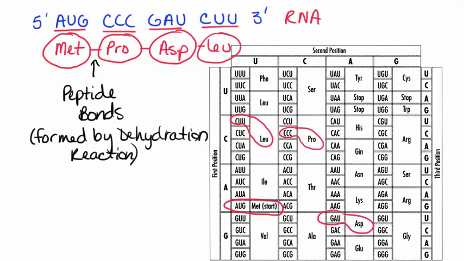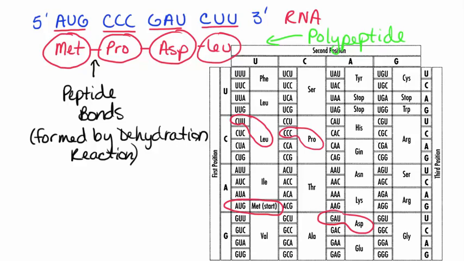Now, typically we would have a stop codon at the very end of a polypeptide that we're making. This one I'm just drawing very short just for illustration purposes. So in this case, we don't actually have a stop codon there. So what we have made right here, this is the polypeptide. That will be the overall end product of the translation process.